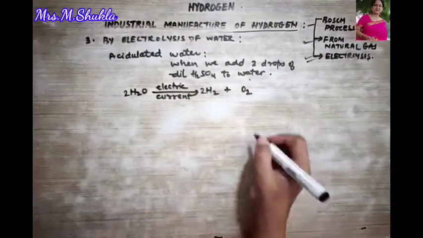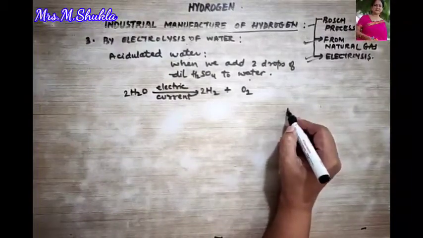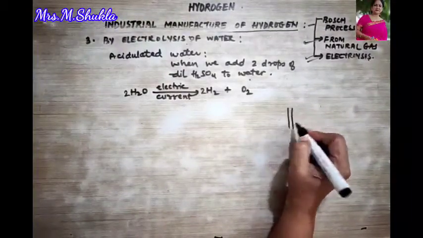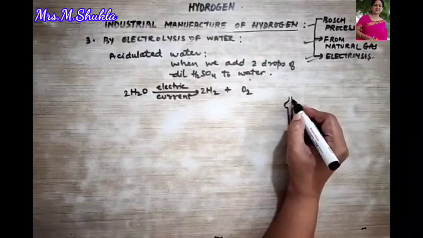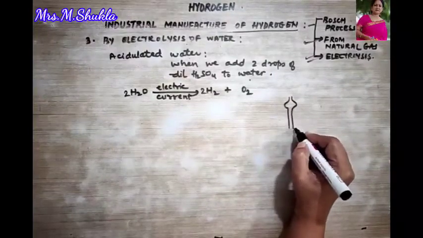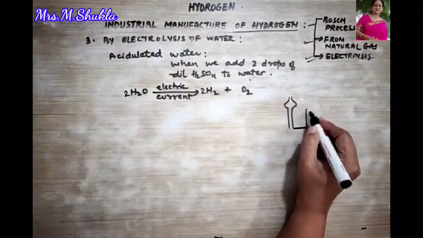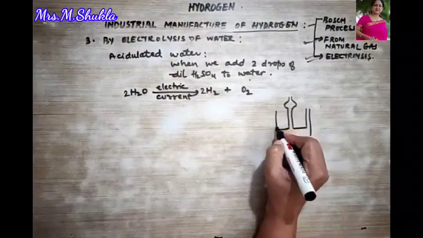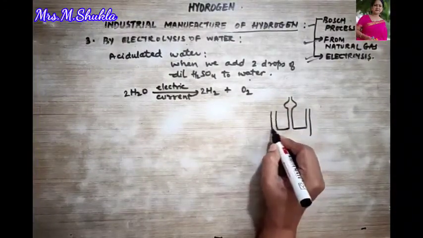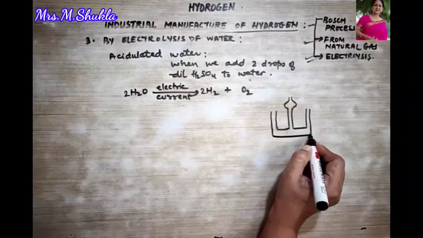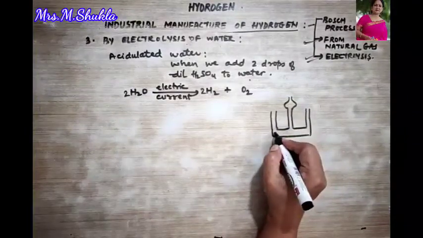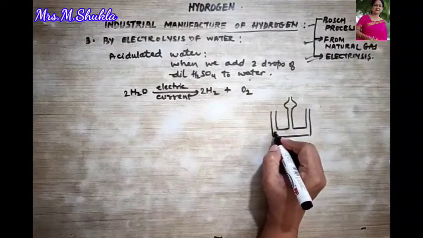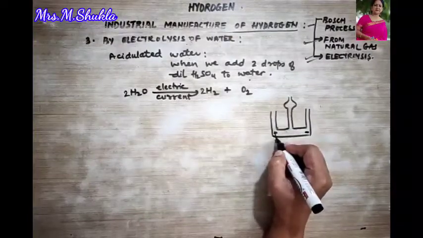Remember, I don't have a very good drawing, but a little bit of explanation I can give you over here. So this is a reservoir and these are the 2 electrodes. Here is the platinum wire used.